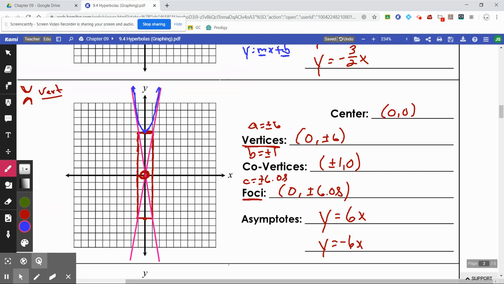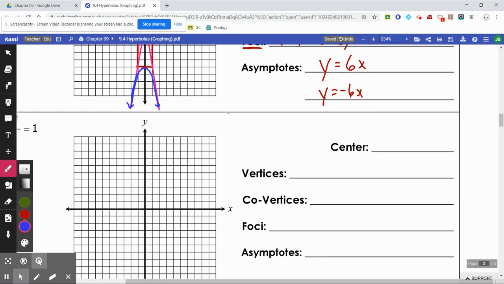So there's the top part of my hyperbola. And then the bottom part of my hyperbola is going to be somewhere right around in there. And then the other side, and again, I made it touch there, but it actually just follows right along. So that blue part is your actual hyperbola. Next problem.